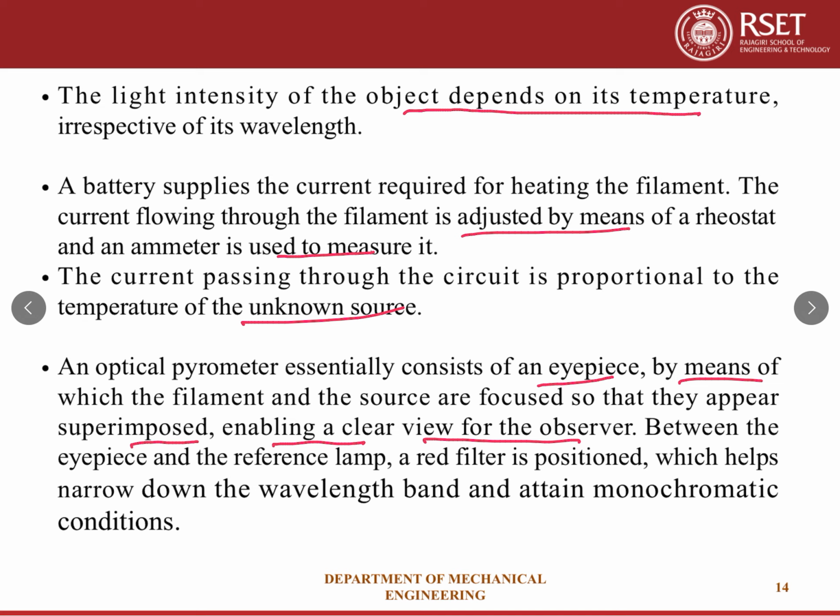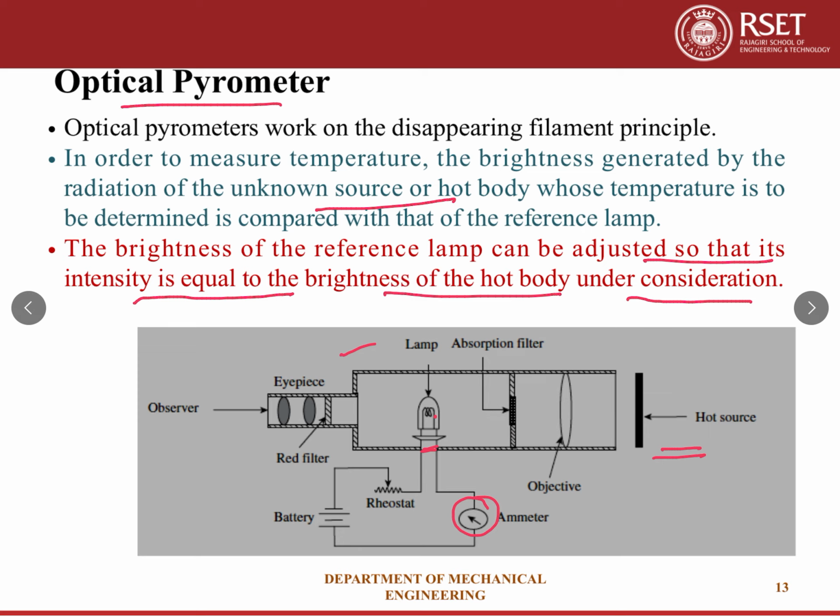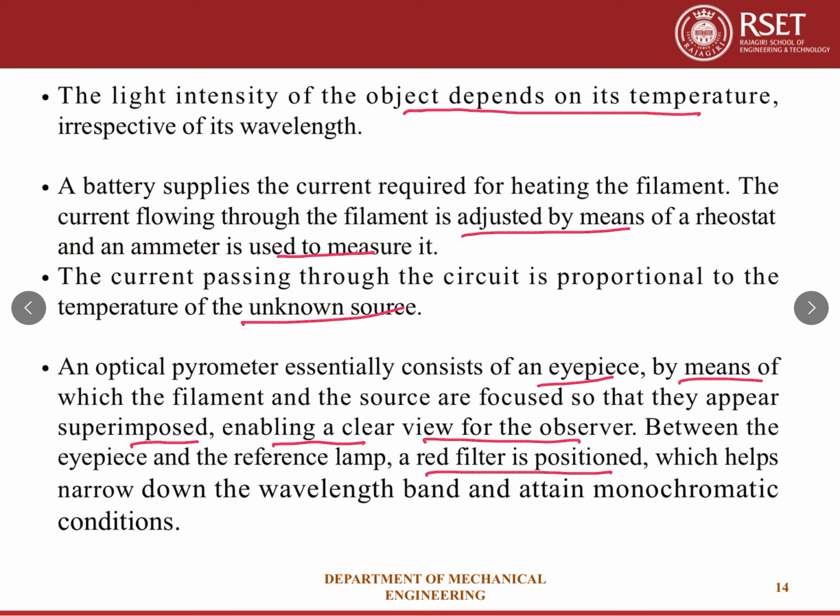Between the eyepiece and the reference lamp, a red filter is positioned, which helps narrow down the wavelength band and attain monochromatic condition. So we are keeping a red filter between the eyepiece and the lamp to get a monochromatic condition.